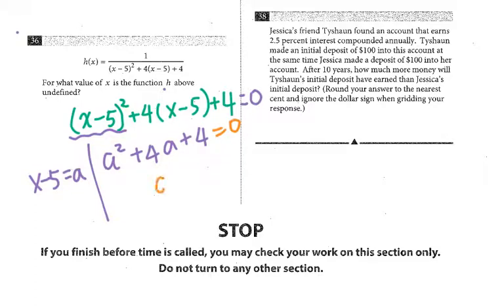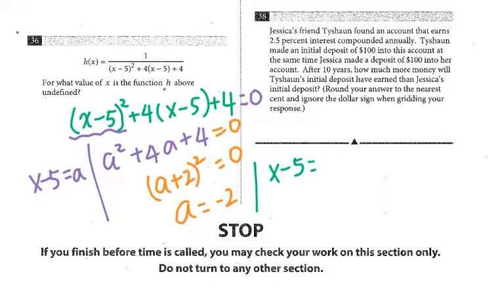So we factor this one, we get a plus 2 squared equals 0. Therefore, a equals negative 2. That means x minus 5 equals negative 2. So x equals 3. That's the answer.